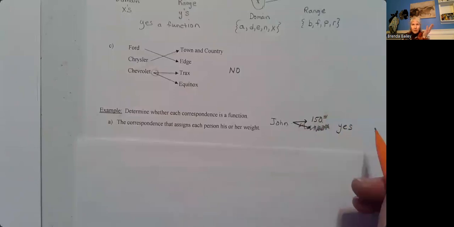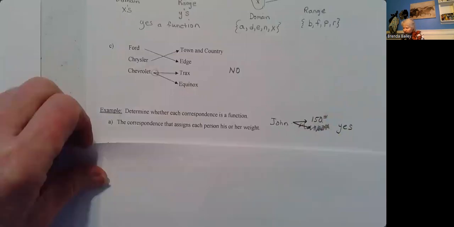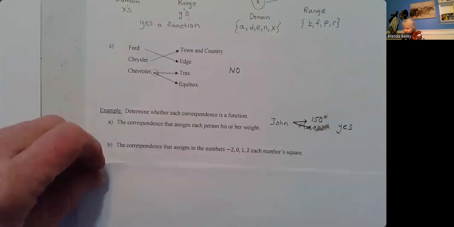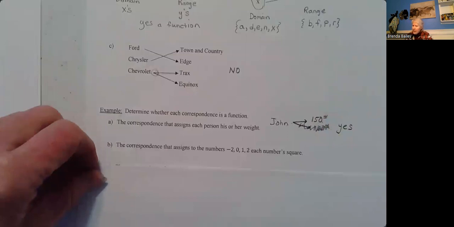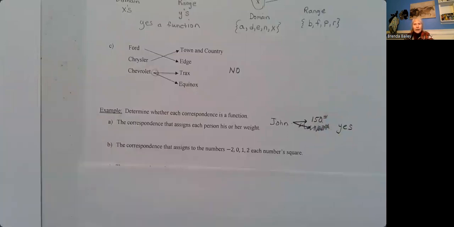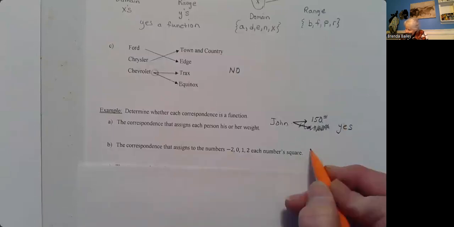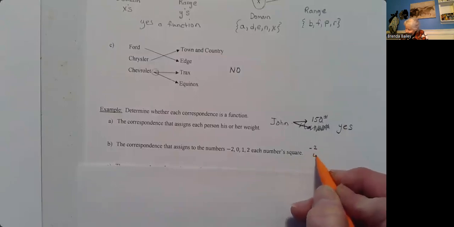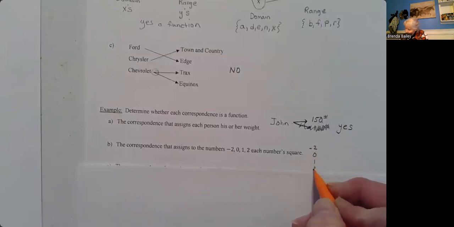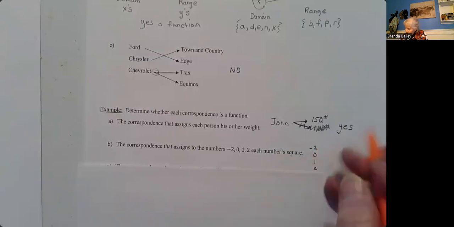I always try to think of a counterexample in doing these, something that doesn't work. And all right, the correspondence that assigns to the numbers -2, 0, 1, 2, each number's square. So we're going to assign -2, 0, 1, and 2, each number's square.